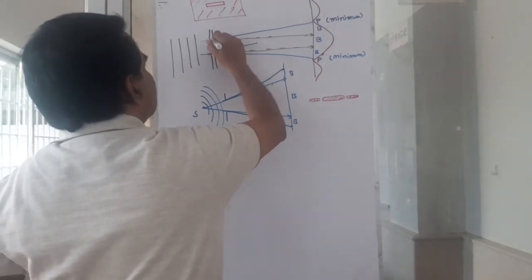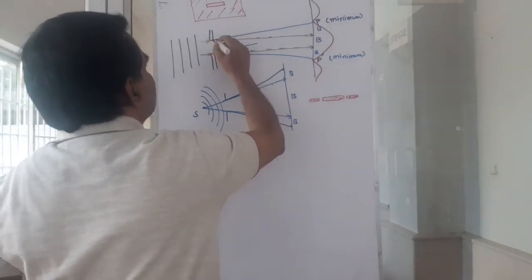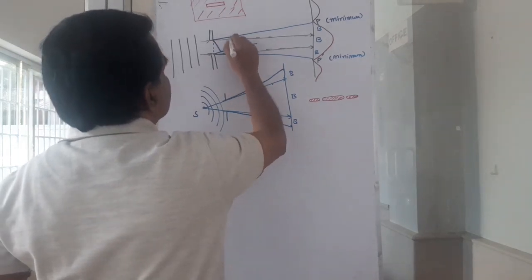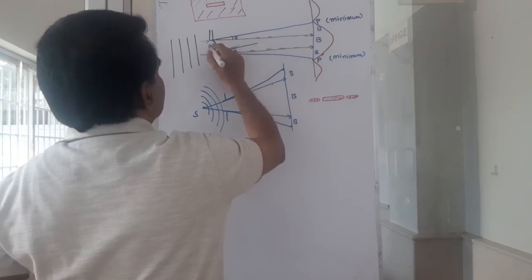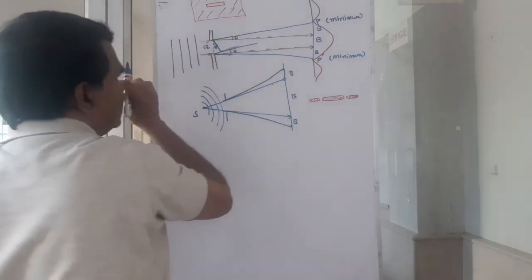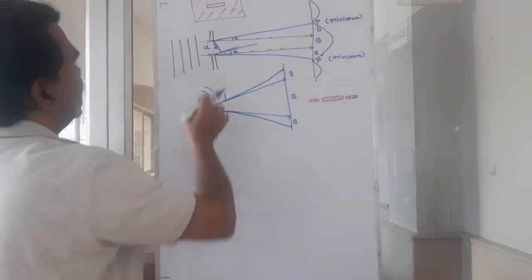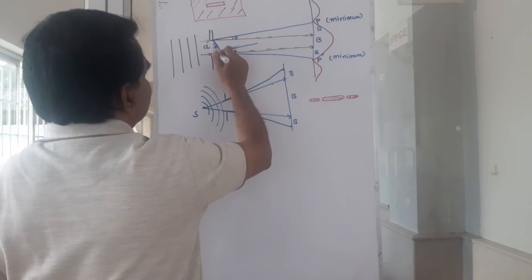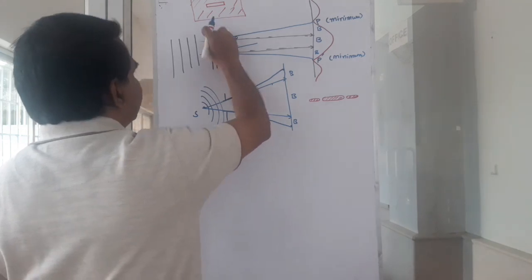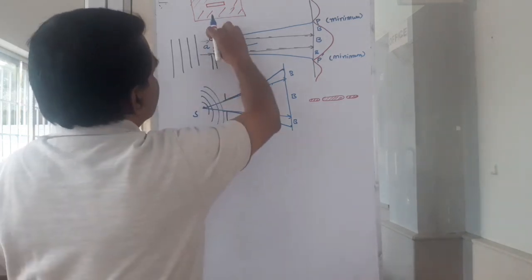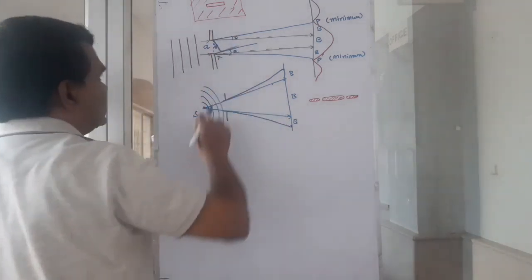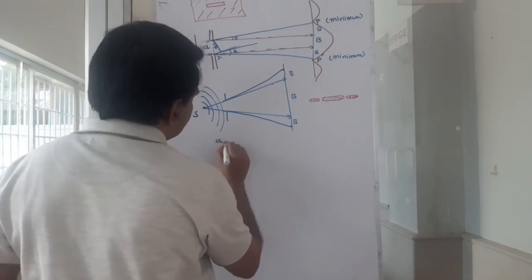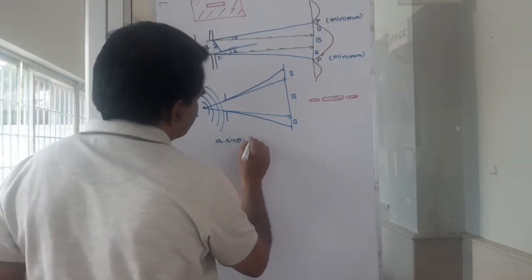So then we said that if this is theta, this will also be theta, and if A is the width, this is a path difference. Suppose lambda is the path difference between the first and the last, then you know that A sin theta is equal to lambda.